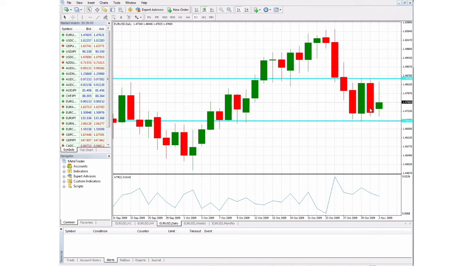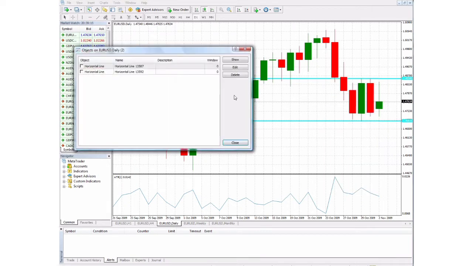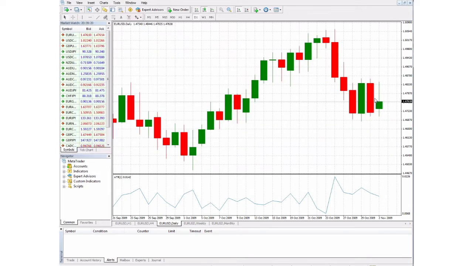We have not only the breakout of these last 3 days, we have something special called an inside bar. An inside bar is basically a bar whose high is lower than the previous high, as I'm showing with the arrow here, and whose low is higher than the previous low. So this bar right here in particular would be an inside bar.